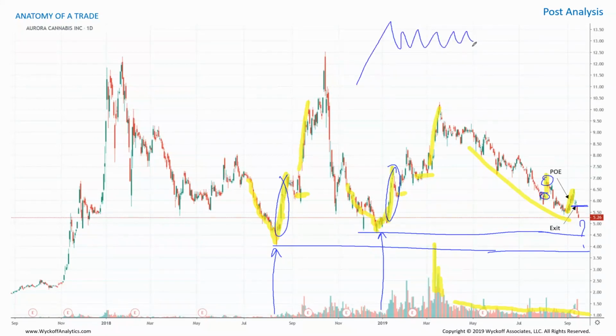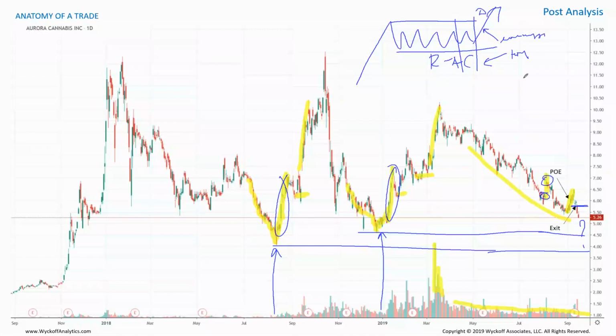If we are in the reaccumulation, in general, I would definitely take the position if I'm identifying, let's say, potential phase C here. And this is a much higher probability. Let's say if the earnings event is somewhere here, going into phase D, then there is a much higher probability that there's going to be a more favorable reaction to earnings.